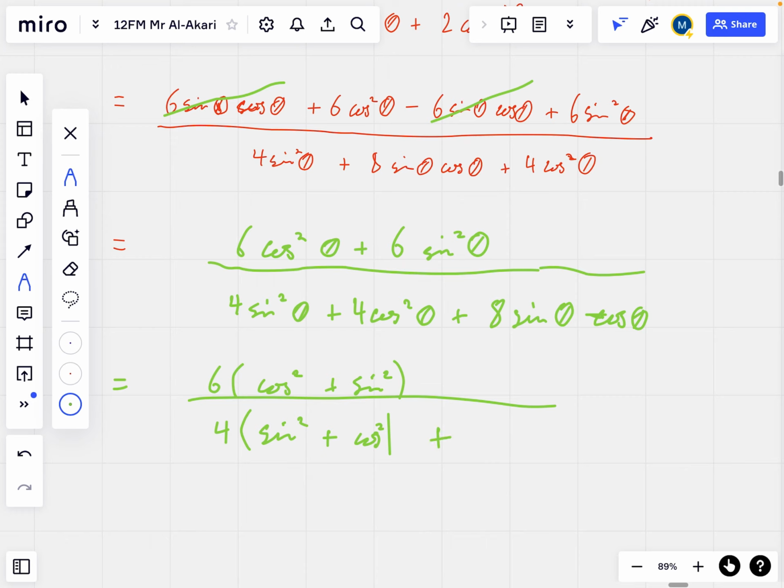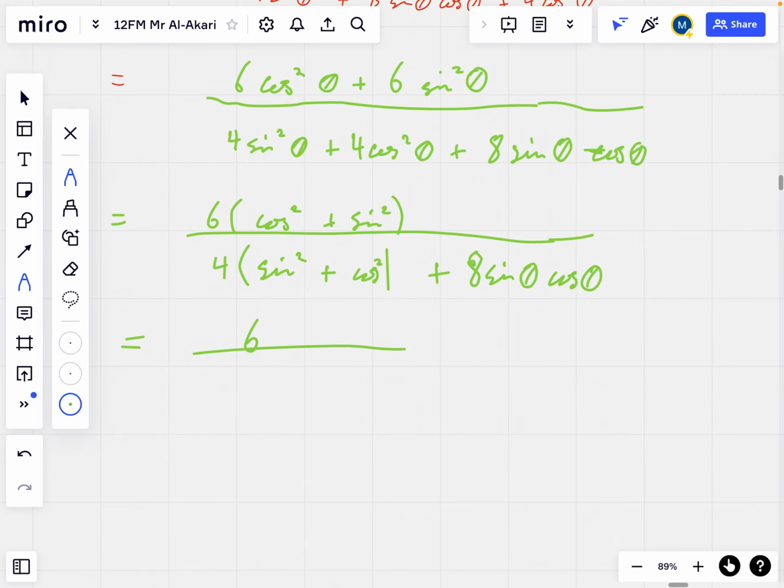Cos squared plus sine squared we know is 1. Okay, that makes our life a little bit easier. Maybe we can just finish off the question. So now in the numerator we're just going to have 6, since it's 6 times 1, and in the denominator we're going to have 4 plus 8 sine theta cos theta.